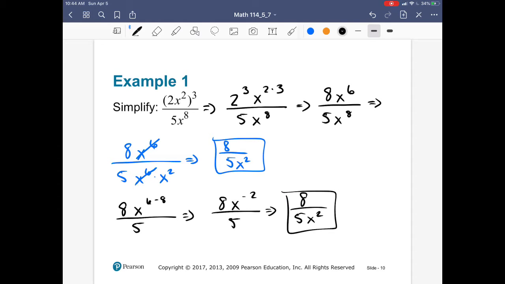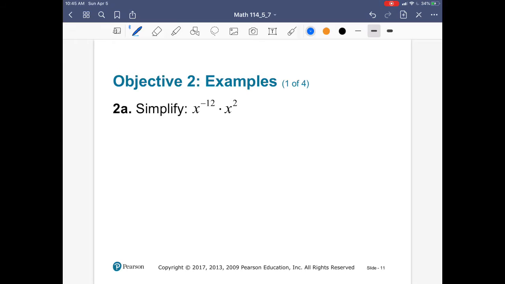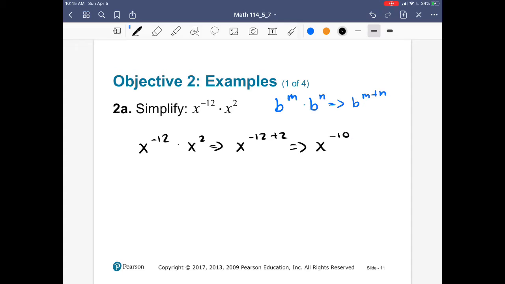You have to remember that if we have the same base, then the exponents will add. So we have x to the negative 12 times x squared. We have the same base, that means they can add. But we're not done because we don't like that negative exponent. So this becomes 1 over x to the 10th.